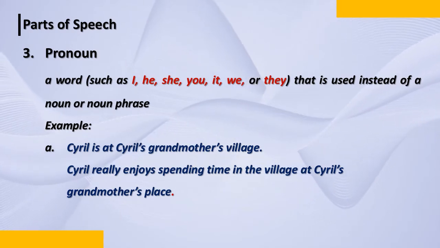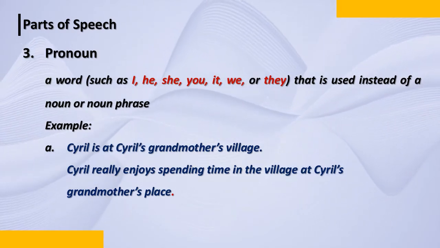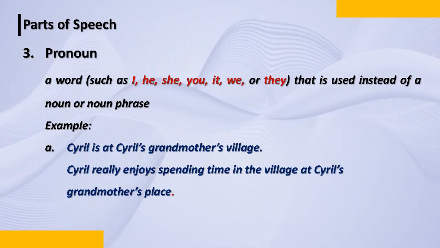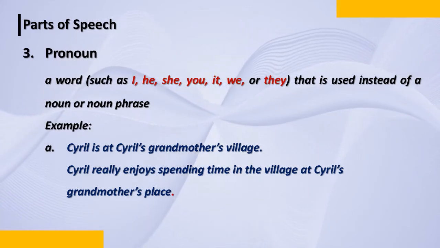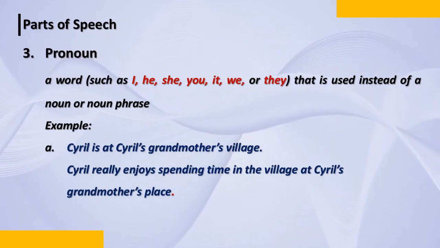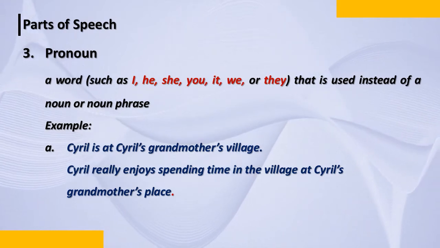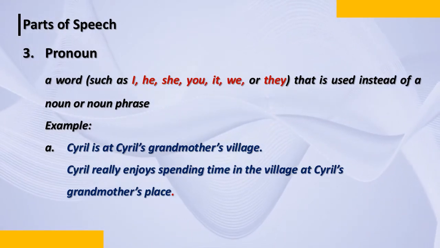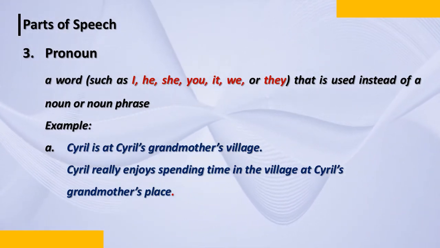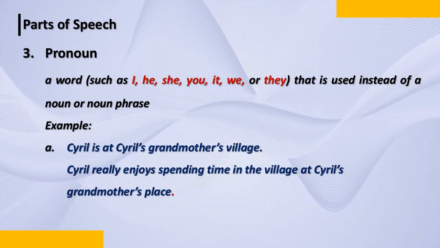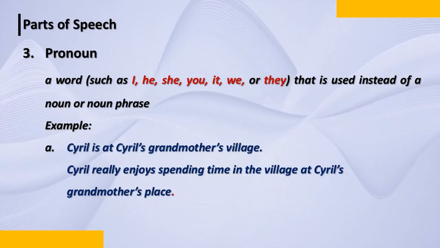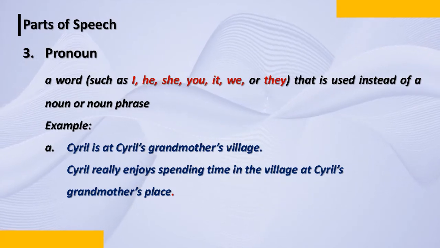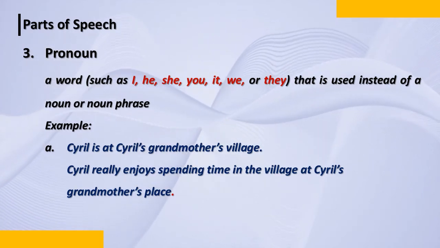Cyril really enjoys spending time in the village at Cyril's grandmother's place." Now, I'm talking about a boy whose name is Cyril. That's a noun. And Cyril's grandmother's village. Where is he? He is at Cyril's grandmother's. He is at his village, at his grandmother's place.